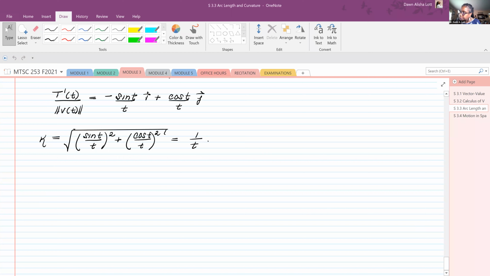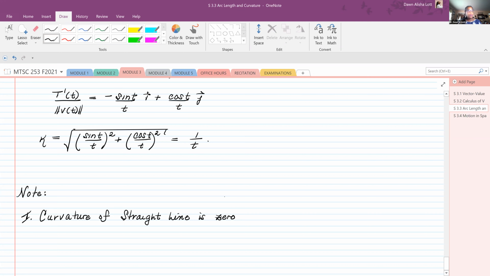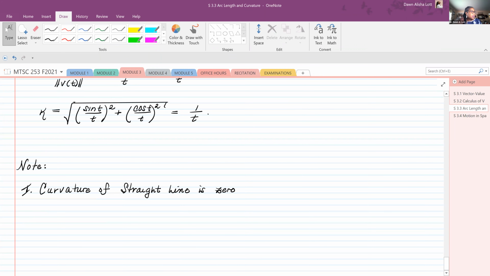Okay, so we have a straight line. The straight line always points in the same direction. So let's see.